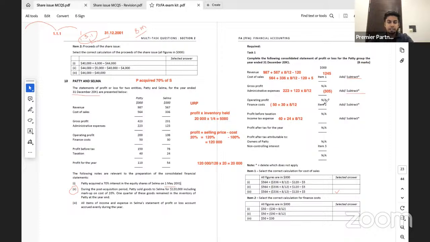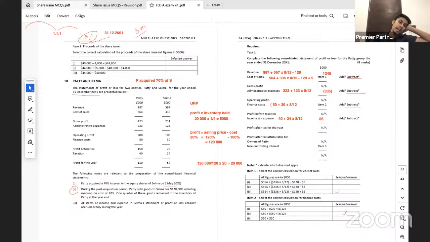Next one, guys, finance cost, item number 2. 50 plus 30 into 8 over 12. And that was subtract. Right. Then, guys, income tax, 40 plus 24 into 8 divided by 12. Answer is 56. That's it, guys. Not applicable, not applicable, not applicable.